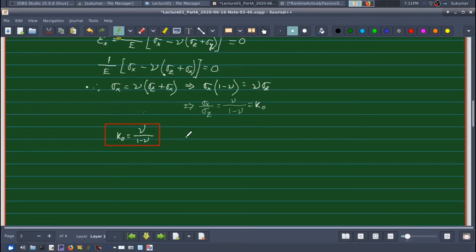And there are various empirical relations given by different authors. The most famous one is by Jaky.